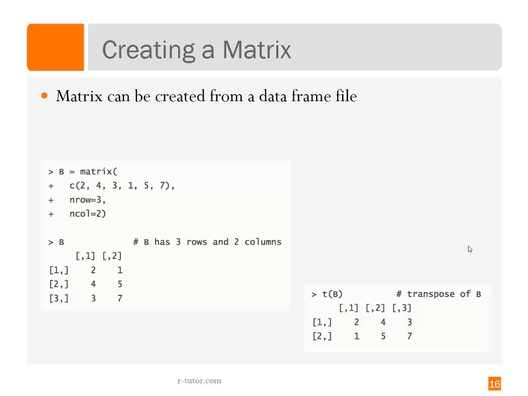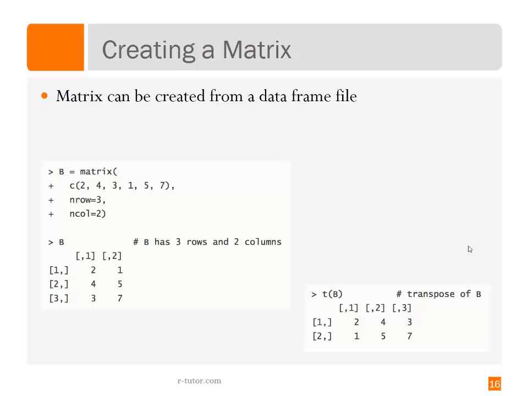I'll say, B equals the matrix, and I'll define here a series of data: 2, 4, 3, 1, 5, and 7. We've got some data values there. And then we'll define the number of rows, and then the number of columns. So in this case, we provided 3 rows and 2 columns.